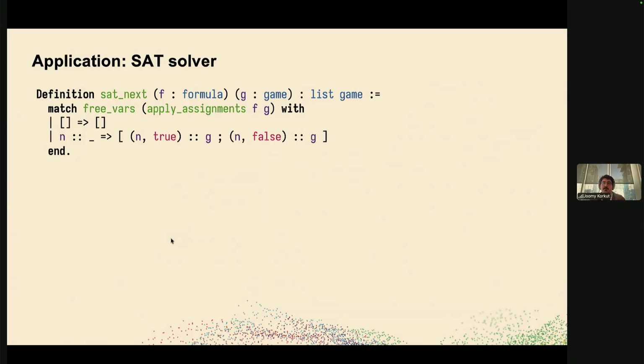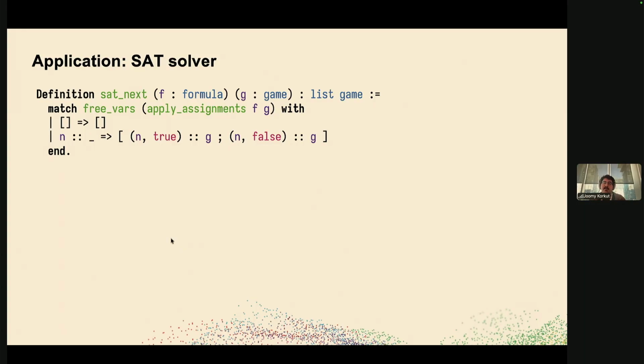Also in the paper, we show example applications of unfolding game trees. The first example that we present is a tic-tac-toe game with an unbeatable AI, thanks to the game tree that we build through unfolding. The second example that we show in the paper is a very primitive SAT solver that tries to find a model for a formula by trying both true and false for every variable, so essentially brute forcing it.